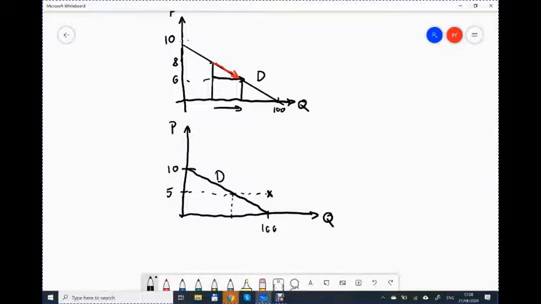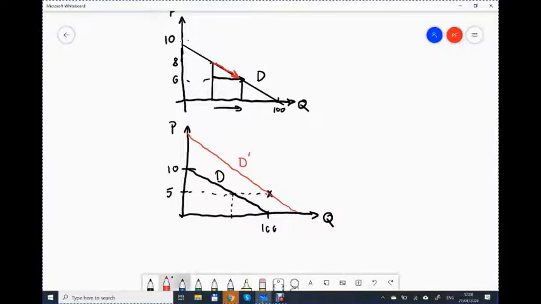Obviously, when one of these exogenous factors, in this case income, is changing, then we are not anymore along the same demand curve. So instead, we experience a shift of the demand curve. And we are going to have different intercepts. But the slope of the curve is still the same. So the shifted new demand curve is parallel to the original one, and we can just call it, for example, D prime.